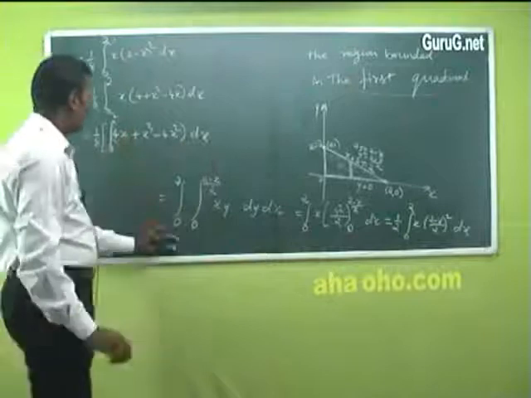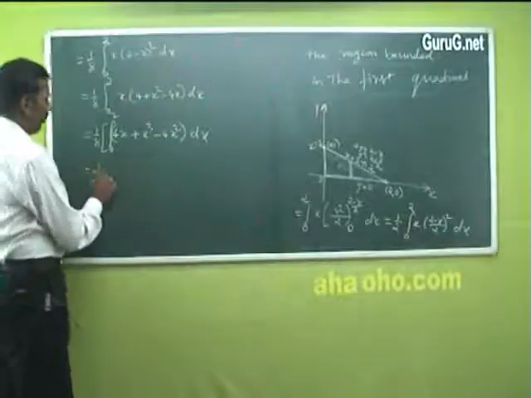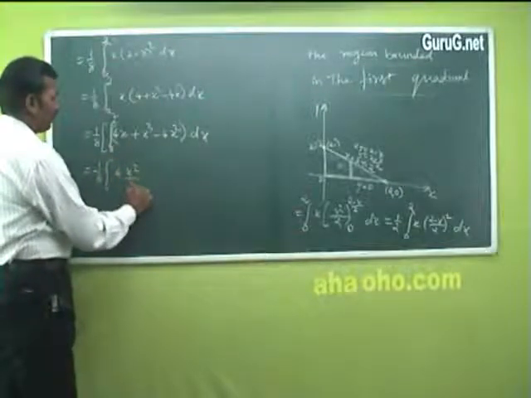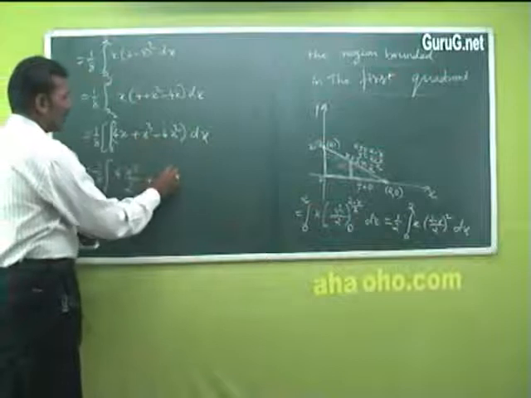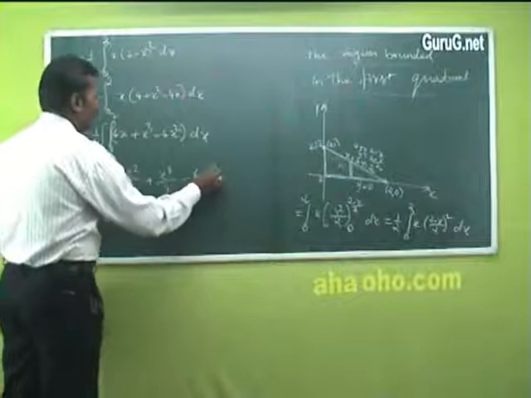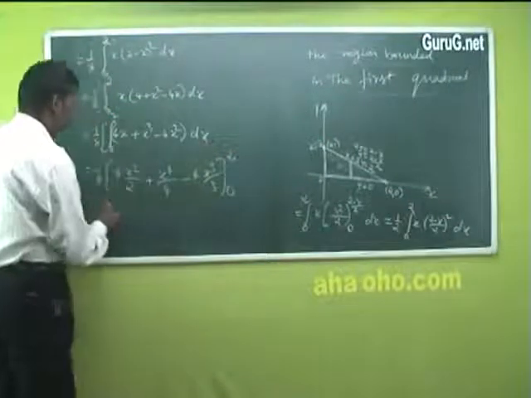Now integrate it. So integral 4 into x, that is 4x squared by 2, plus x power 4 by 4, minus 4 x cube by 3. So 0 to 2.